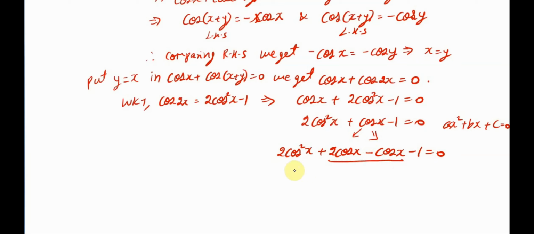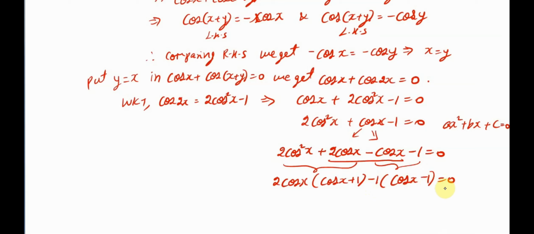Now from these two terms, what is common? Yes, 2 cos x is common, so what remains is cos x plus 1. Similarly, in the other two terms, minus 1 is common, so I take out minus 1 and it will be cos x plus 1 is equal to 0.